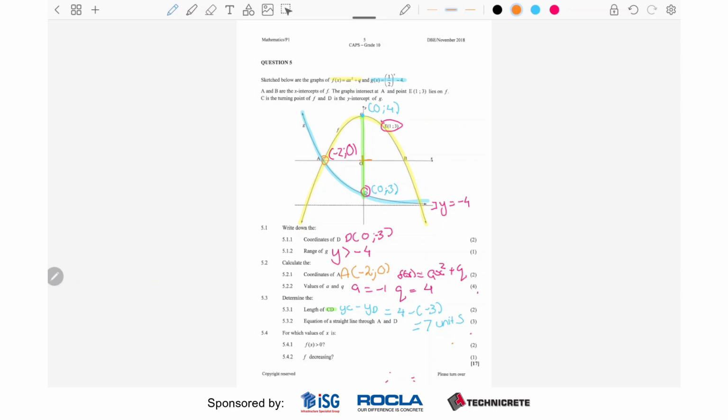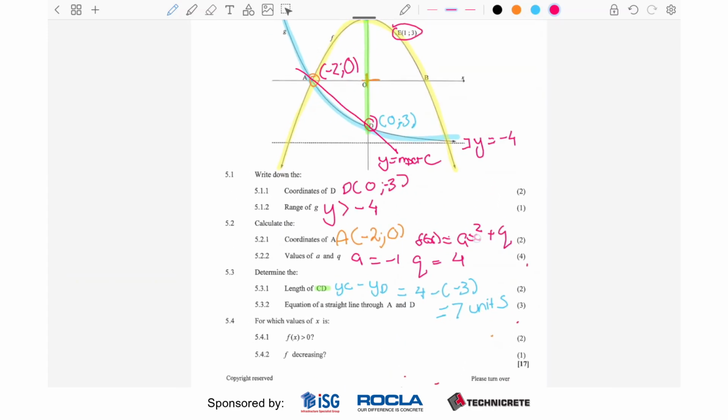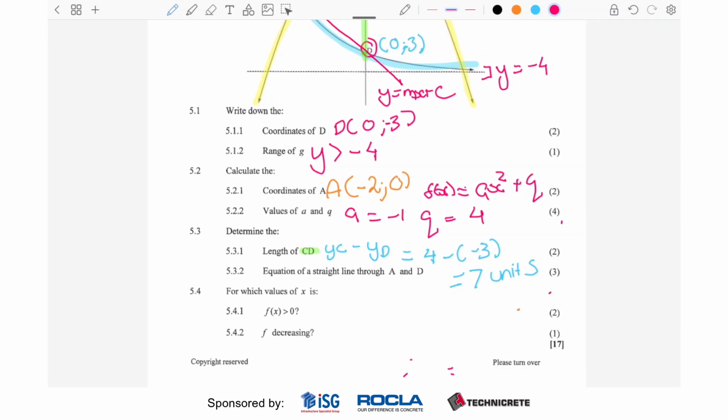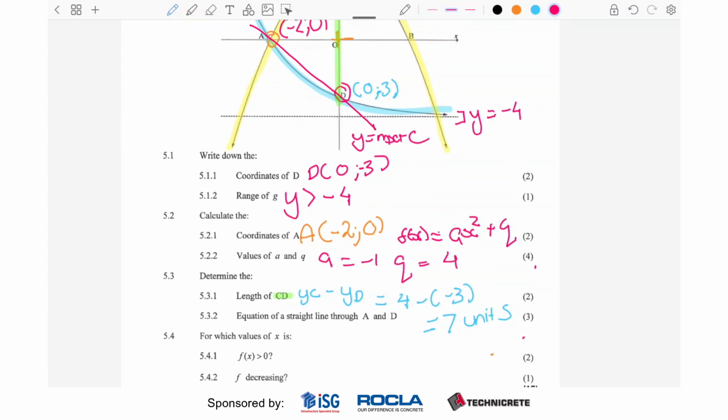For the next question, they want us to find the equation of a straight line that passes through A and D. So here we have to imagine there's going to be a straight line passing through A and D. And this equation will be y is equal to mx plus c. And we know how we work out any equation of a straight line. We first have to figure out the gradient, and we have to figure out the y-intercept.